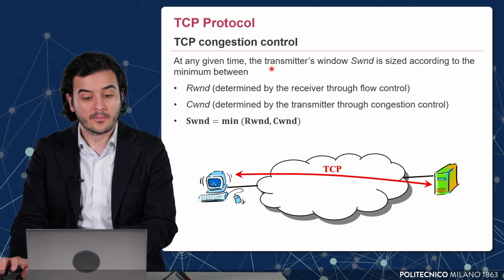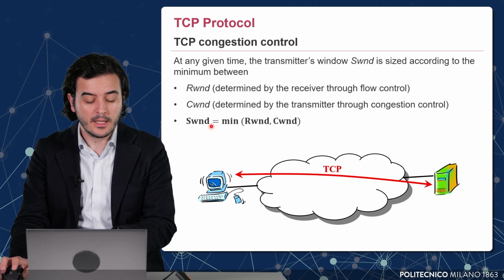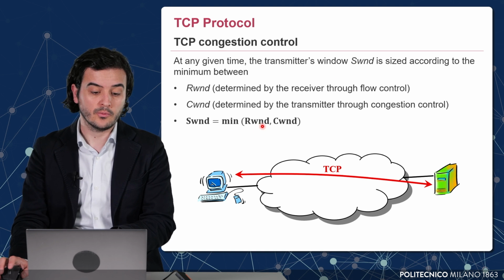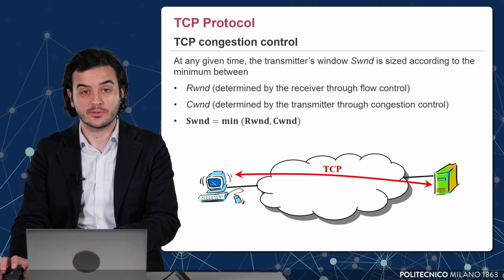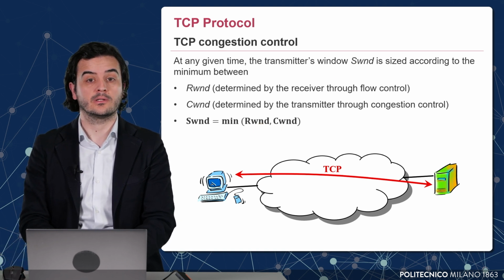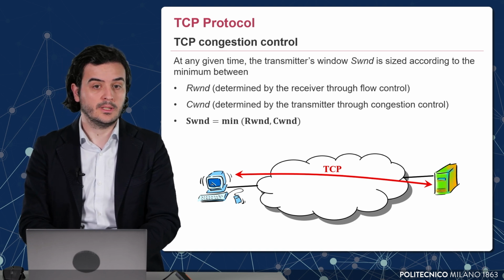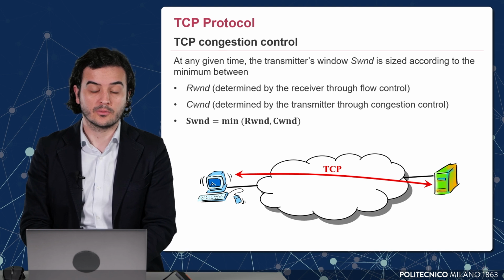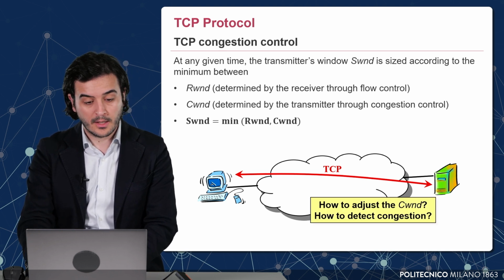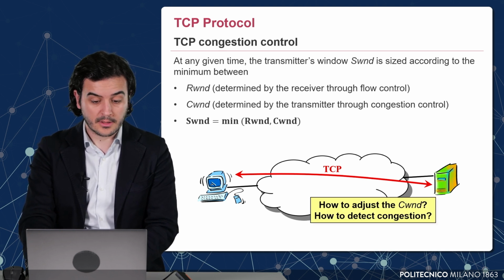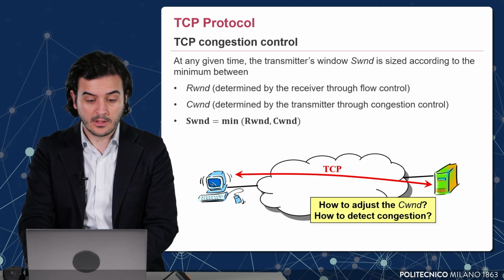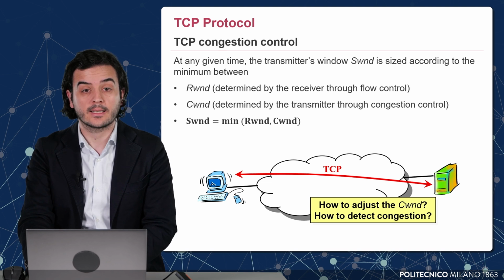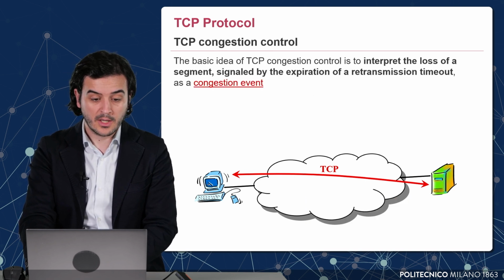So the transmitter's window, SWND, will be equal to the minimum between the receiving window and the congestion window. Whichever of the two has the lower value will determine the transmitter's window SWND. So the questions that we want to address are how to adjust the congestion window and how to detect when there is congestion.